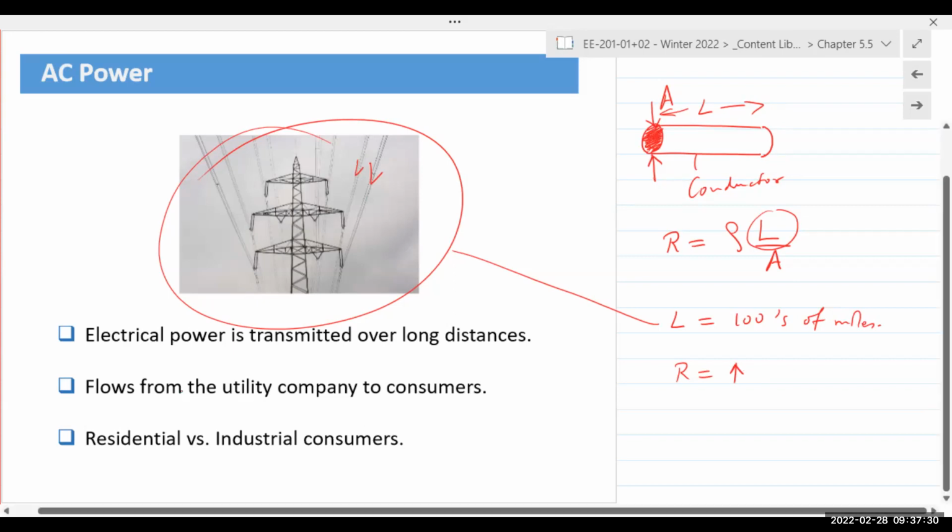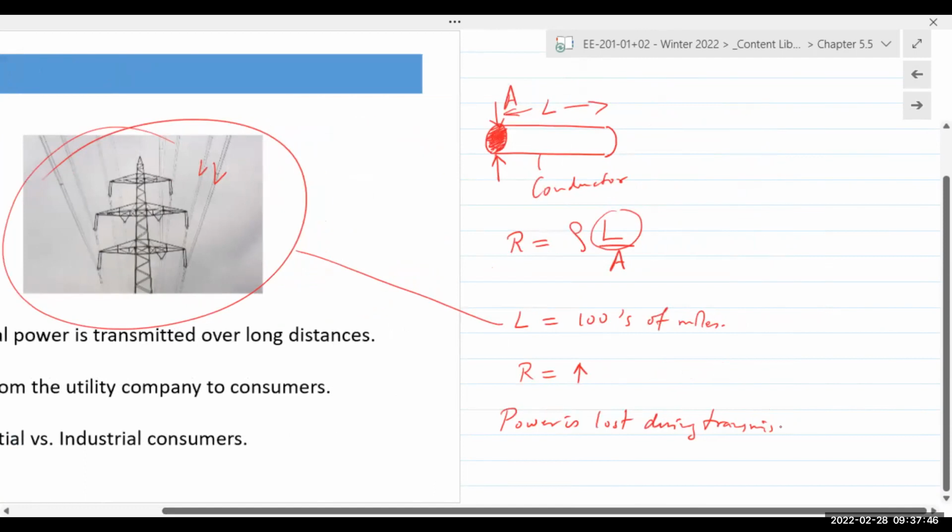Well, when I say hot, it's not like they are burning hot, but they are dissipating heat. So power is lost during transmission. Every time the utility company sends electricity to its consumers, power is lost during transmission.